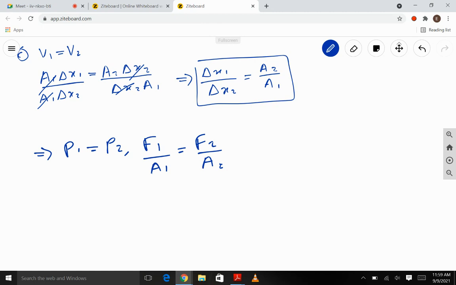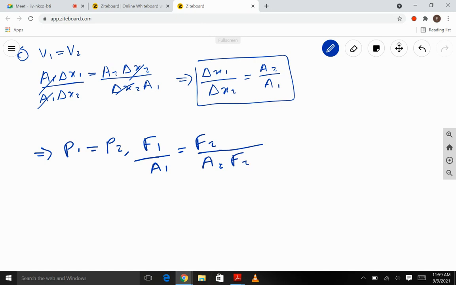Then after this, you now want to do the same. You want to put the forces together and the areas together. So what you do here is, let me divide both sides like we did there. Let me get F2 here.